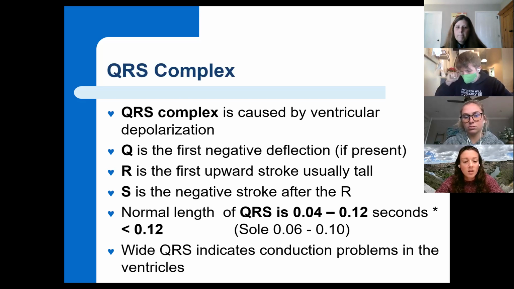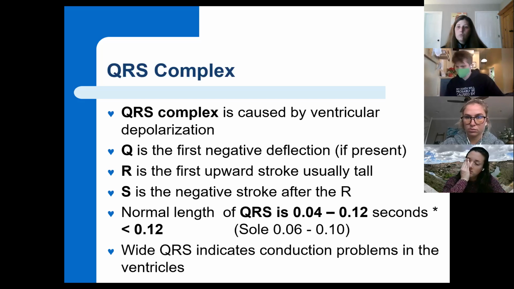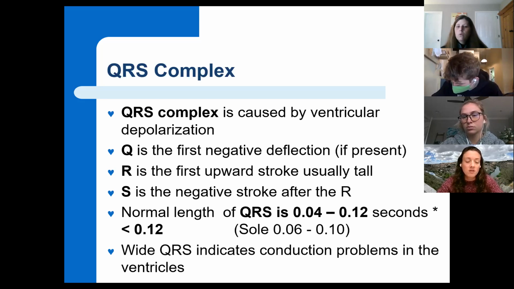Now, notice there on your slide, you need to know this, just like I told you about the P wave. A normal length left to right of a QRS complex is 0.04, so one tiny square, to 0.12. So that's 3 tiny squares, right? Now, I gave you an additional resource there. It says it should be 0.06 to 0.10. We're going to go 0.04 to 0.12.